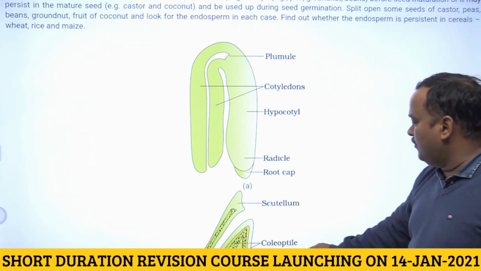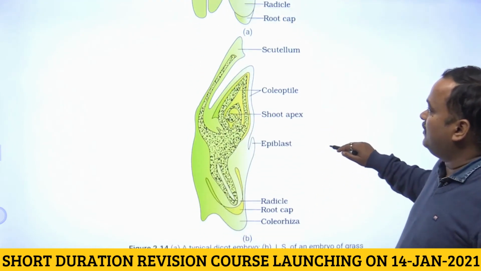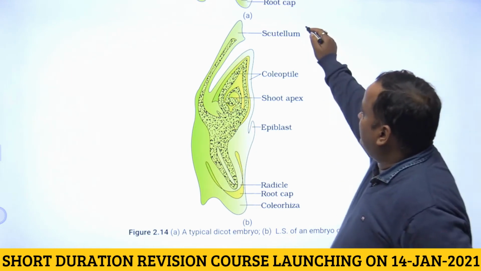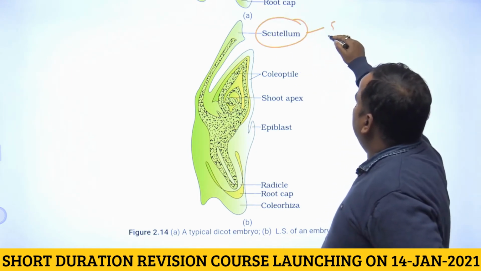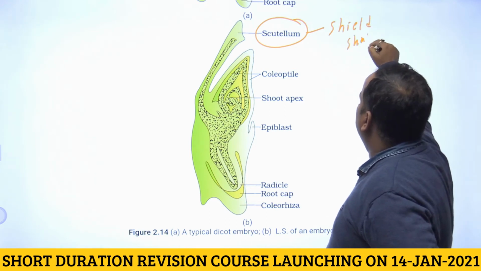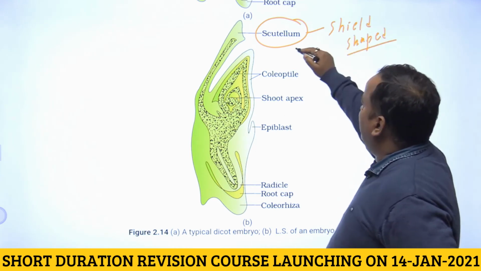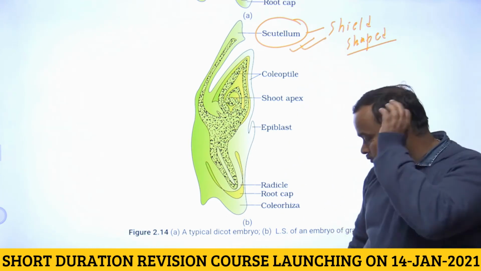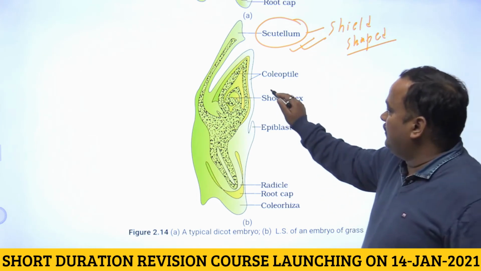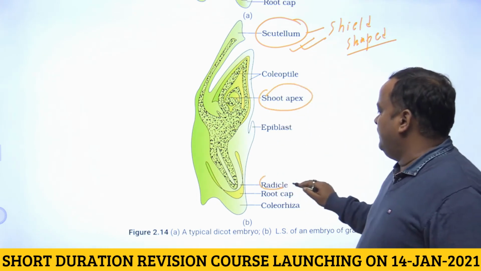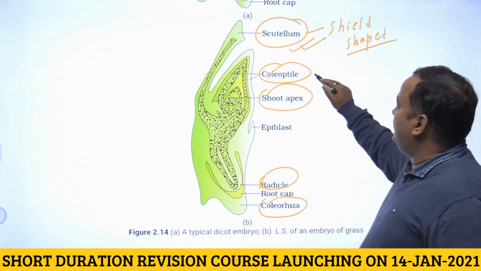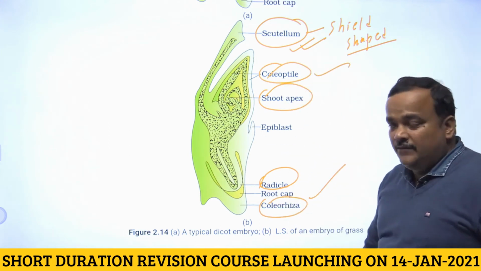Next is monocot embryo. This is your monocot embryo. So a monocot embryo consists of single cotyledon, which is large and shield shaped, and that is referred as scutellum. So in case of monocot, cotyledon is referred as scutellum. Then we have shoot apex, that is plumule, and radicle, and both of them are protected by undifferentiated sheaths, that is coleoptile and coleorhiza respectively.